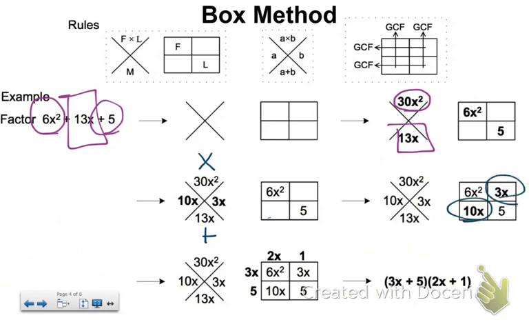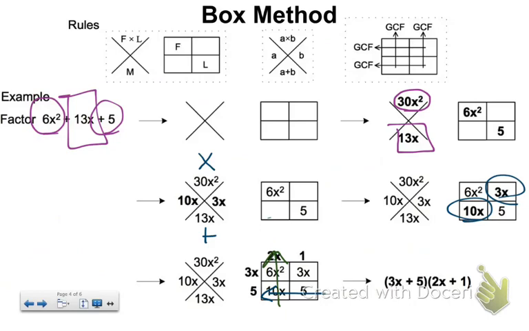And then you're just reversing that. You're essentially looking for what were those factors from the binomial, the terms that got written on the box to begin with. And to do that, you look for the GCF of each pair. 10x and 5, their greatest common factor is 5. 6x squared and 10x, their greatest common factor is going to be a 2x.